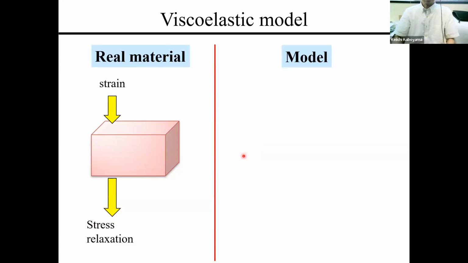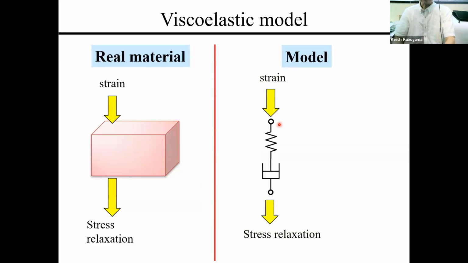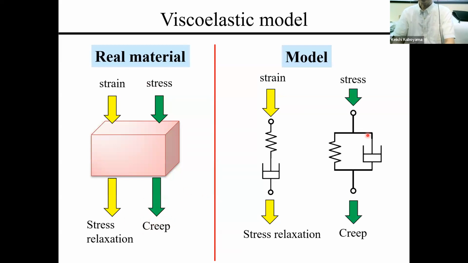And this process can be represented by a model, a combination of a spring and a dashpot in series. In another case, for example, when you apply a constant stress, a creep phenomenon occurs. I'll explain more in detail later. Such a phenomenon can be represented by a combination of both components in parallel.